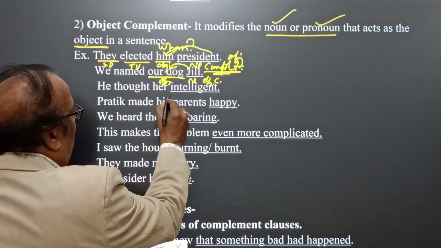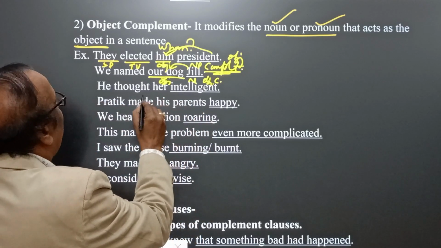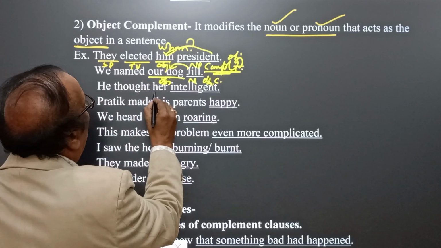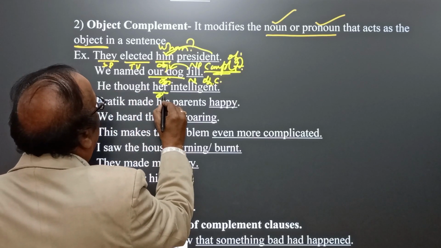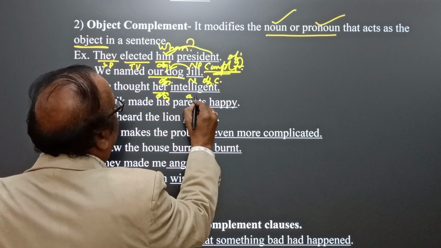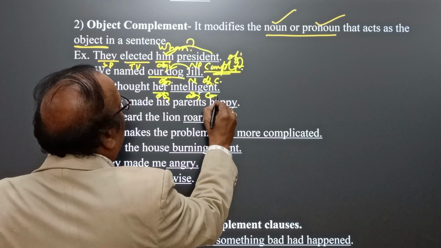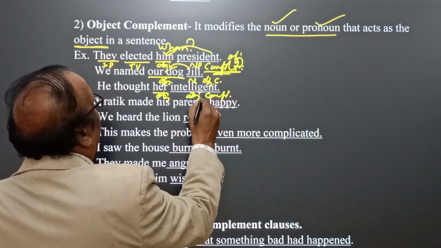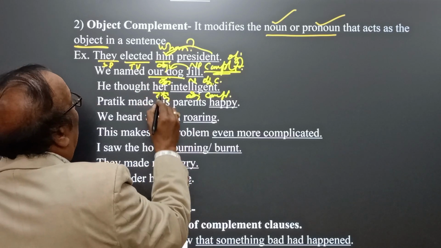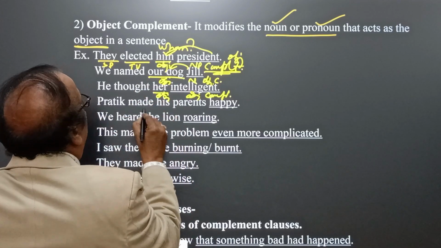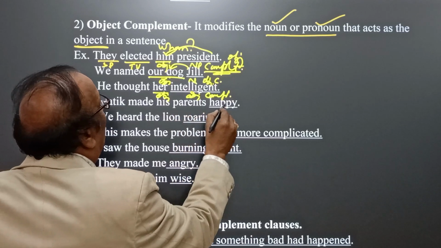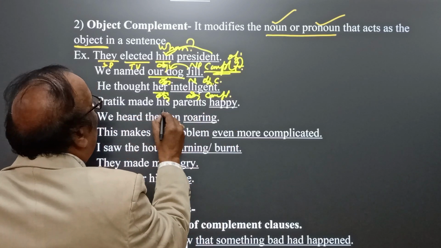He thought her intelligent. He thought whom? Her, object, intelligent, adjective and complement. Here we find adjective complement, that is object complement. Pratik made his parents happy. Pratik made whom?